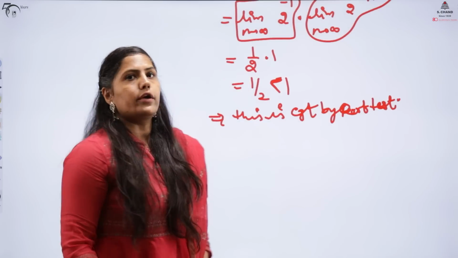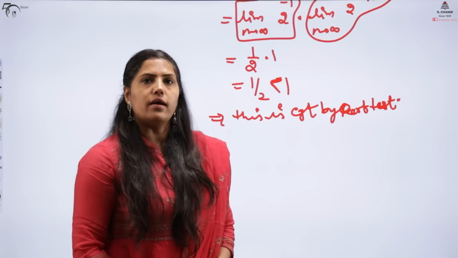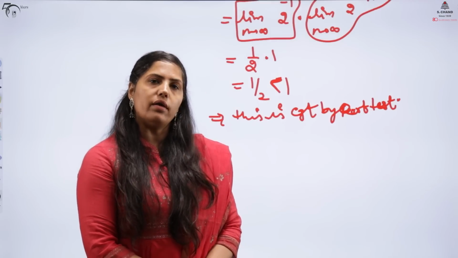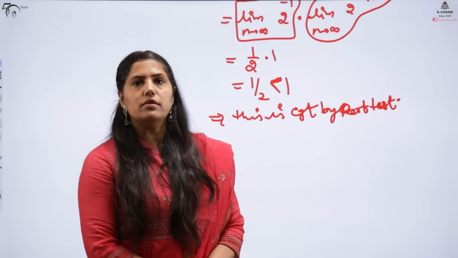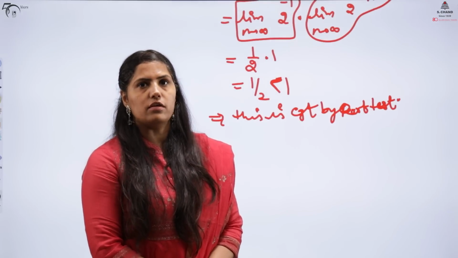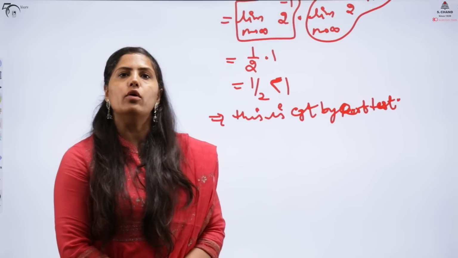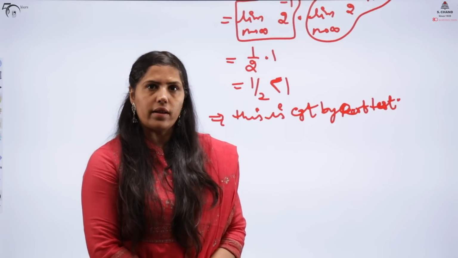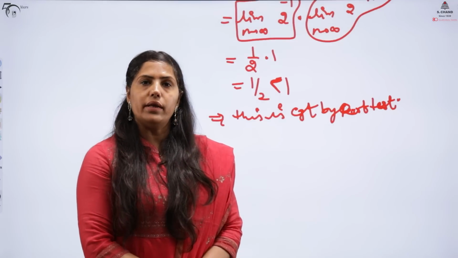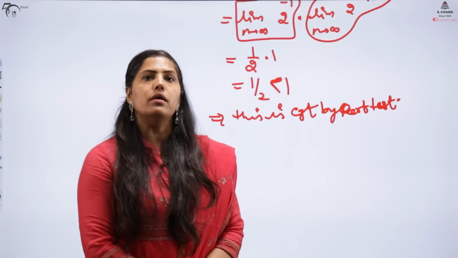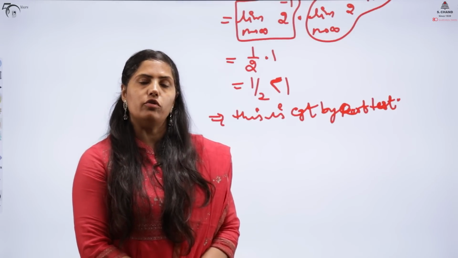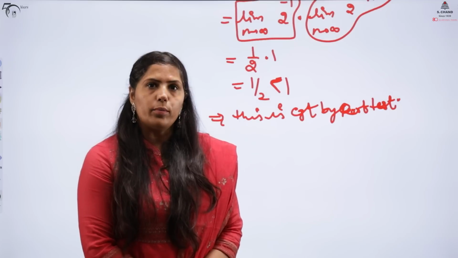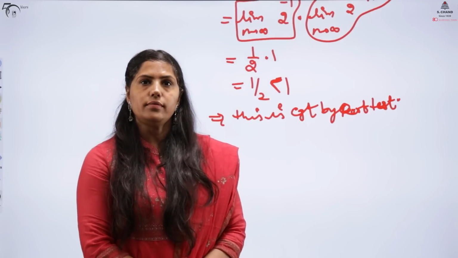So 3 questions we did on Cauchy's nth root test, and we have understood that if we have powers in the nth term of the series, it's better first we apply the Cauchy's nth root test. If the limit is coming out to be 1, it will fail. Now after the break, we will be just doing the ratio test, another important test for positive term series.